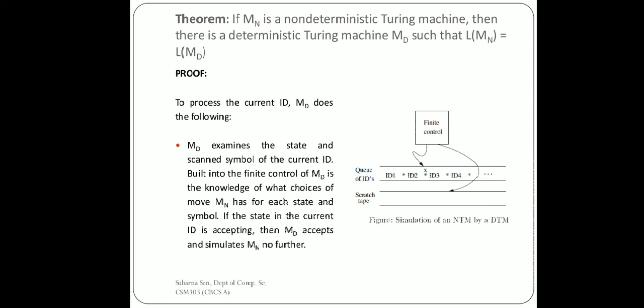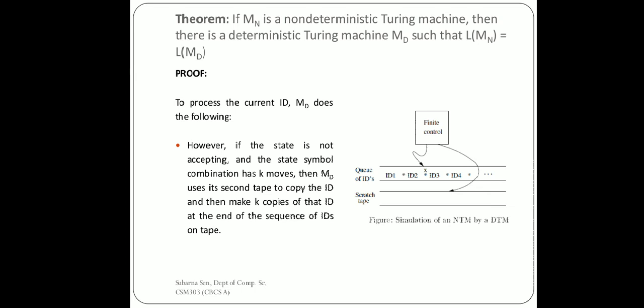If p here is the accepting state, that means MD accepts and simulates Mn no further, because it has reached the accepting state. It does not need to simulate this non-deterministic Turing machine anymore. But this may not be the situation. If another situation arises, how are we going to proceed?